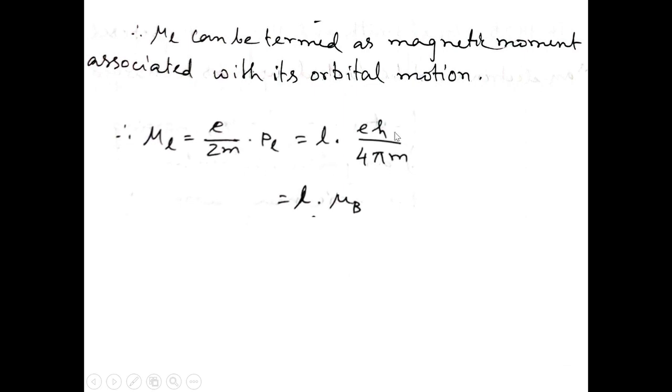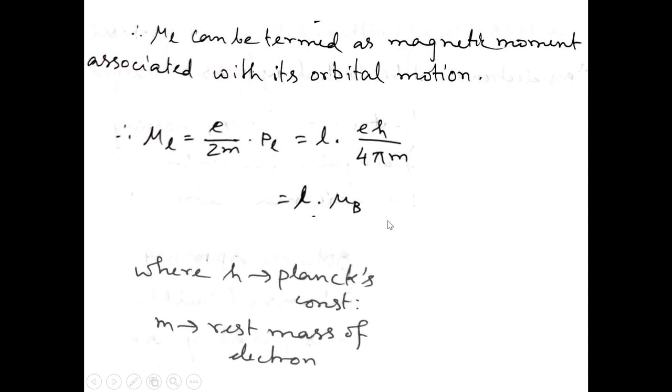Now look, in EH by 4 pi M, every constant has its particular value. E is electronic charge, H is Planck's constant, M is rest mass, and 4 pi is constant. The full constant is termed as mu B, and that mu B is termed as Bohr Magneton.